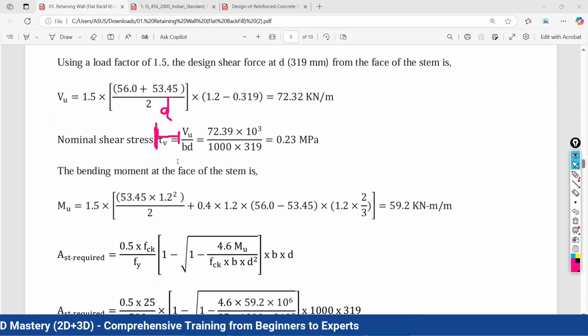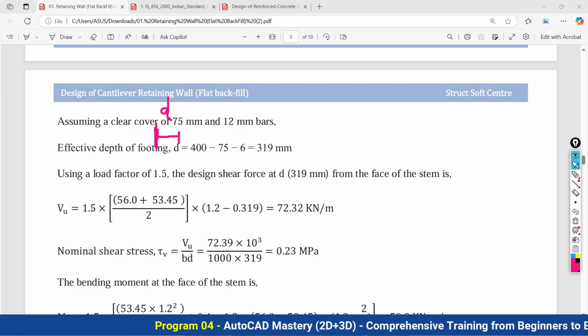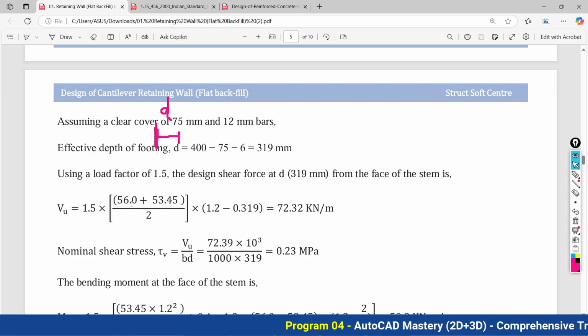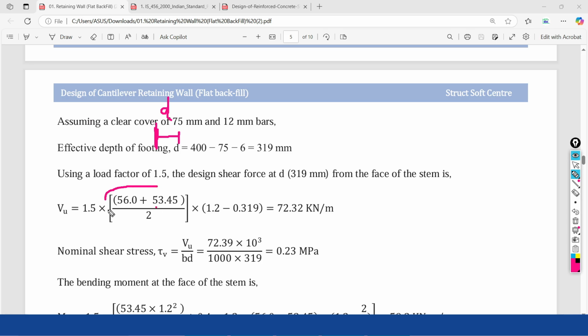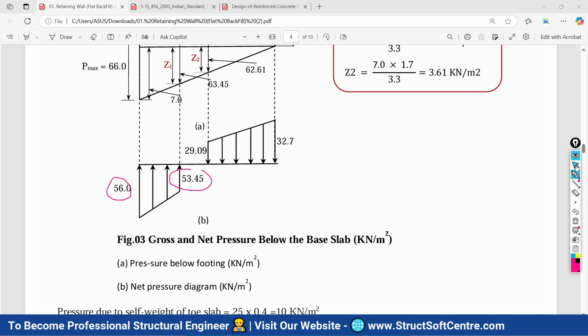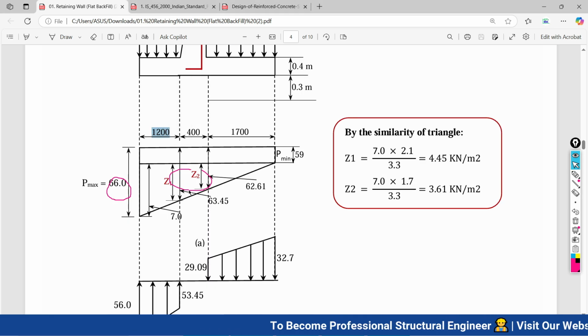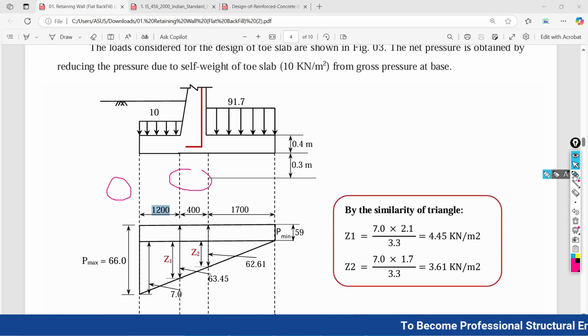So here we are going to do the calculation for the shear force. That is 1.5 factor multiplied by 56 upward pressure plus 53.45 upward pressure divided by 2. So we are getting the averaging pressure on this side, the resultant upward pressure, (56 plus 53.45) divided by 2, and that is going to be multiplied with the total width of the toe, 1.2 minus d, d from the face of the stem.